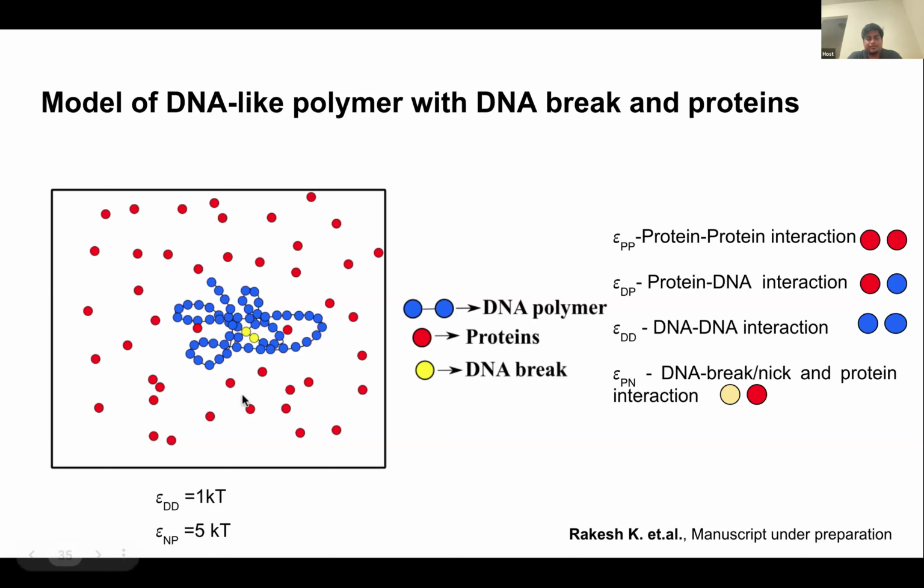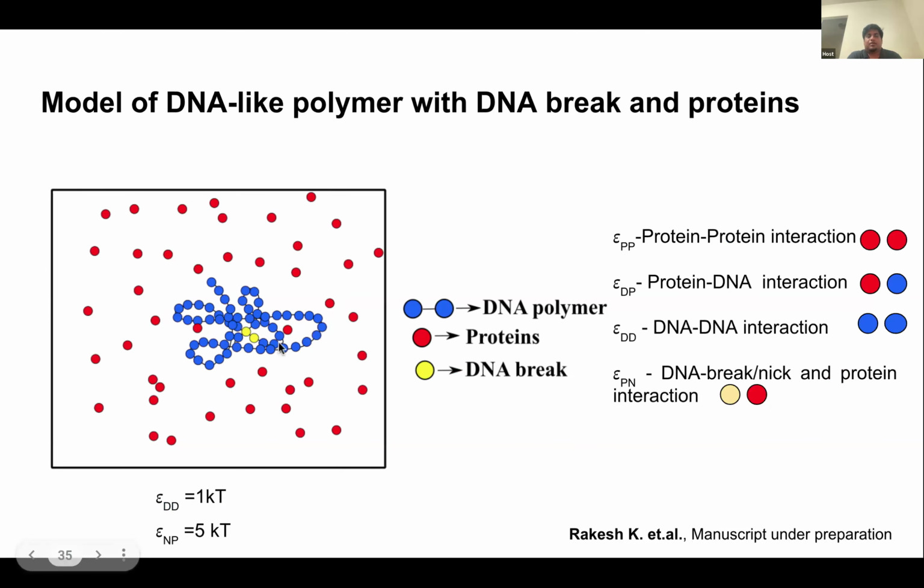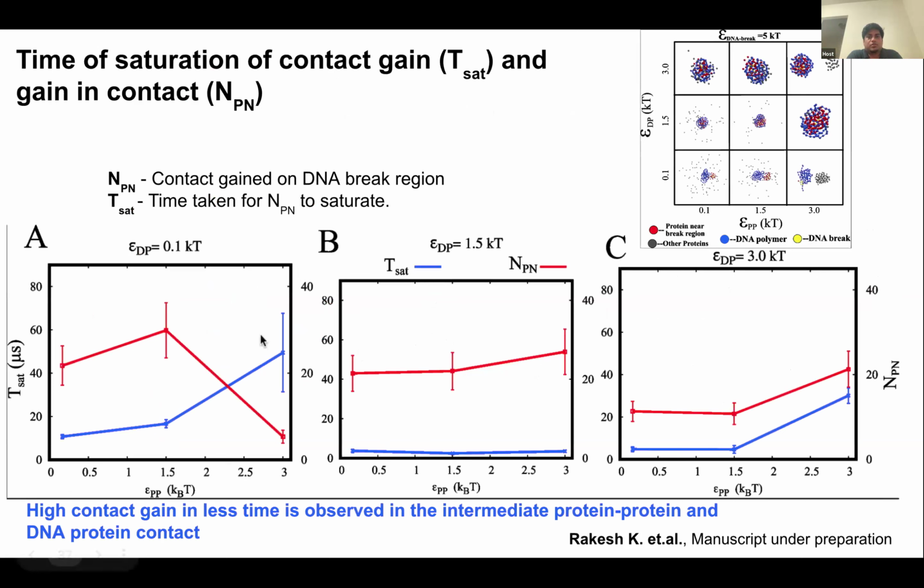What we did is we simulated protein and DNA for the previously given interactions and introduced this region of interaction after equilibration, and we saw how it varies with the protein distribution.